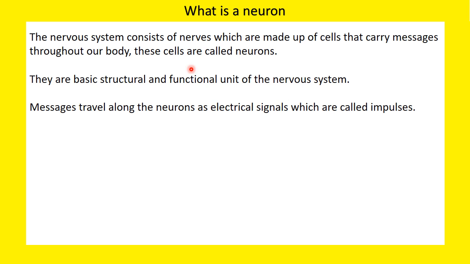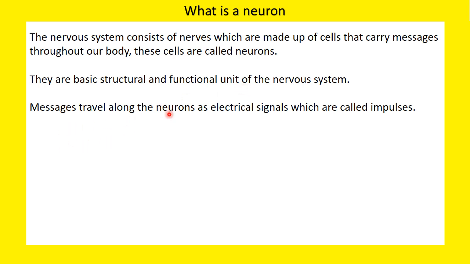In the nervous system, the main part is the nerves, as they carry impulses, or signals, throughout our body. They are the basic structure and functional unit of the nervous system.